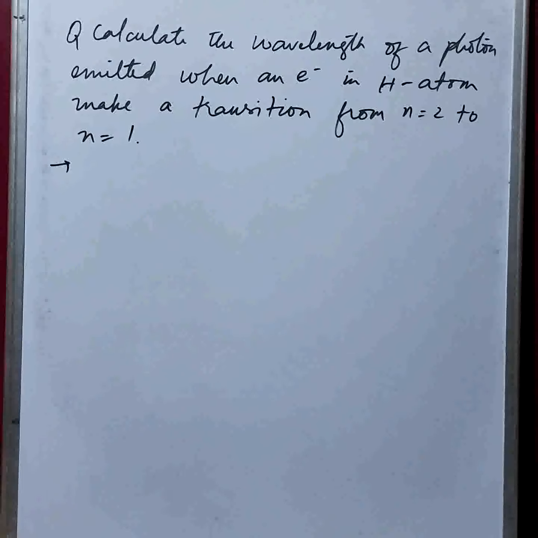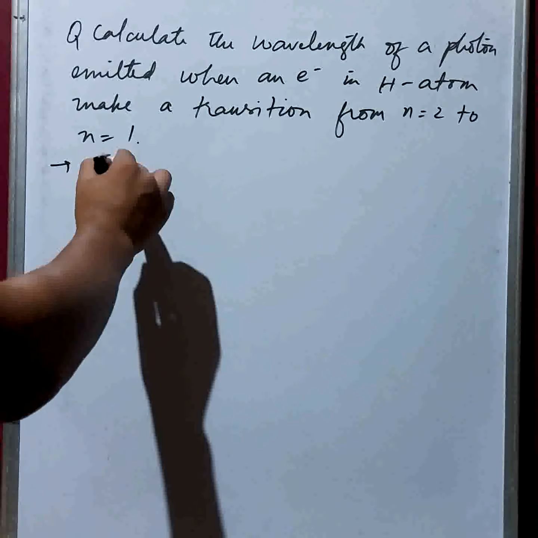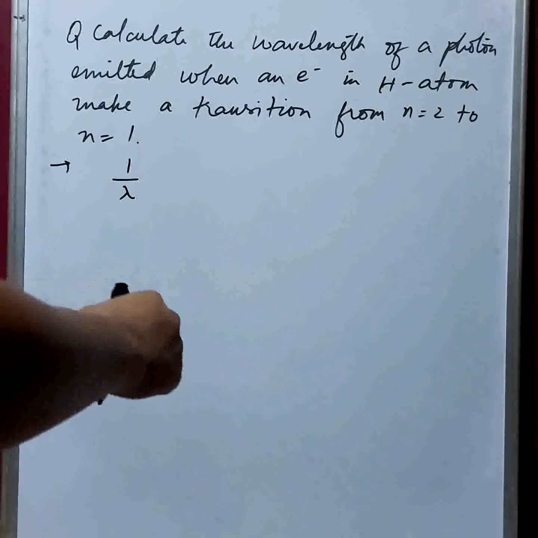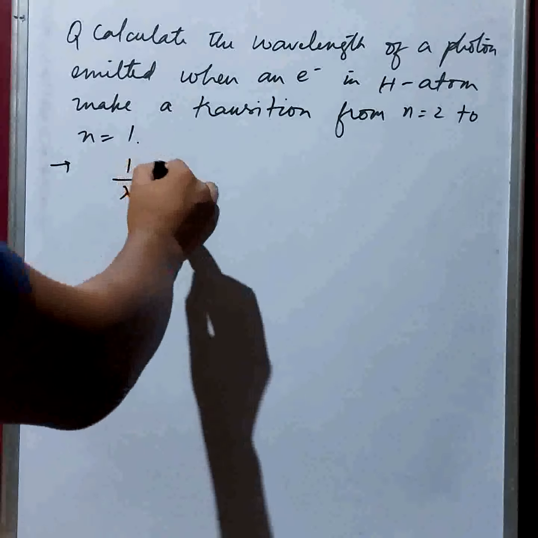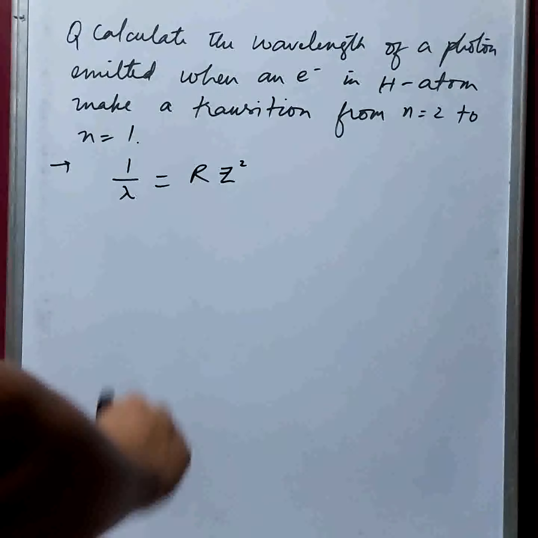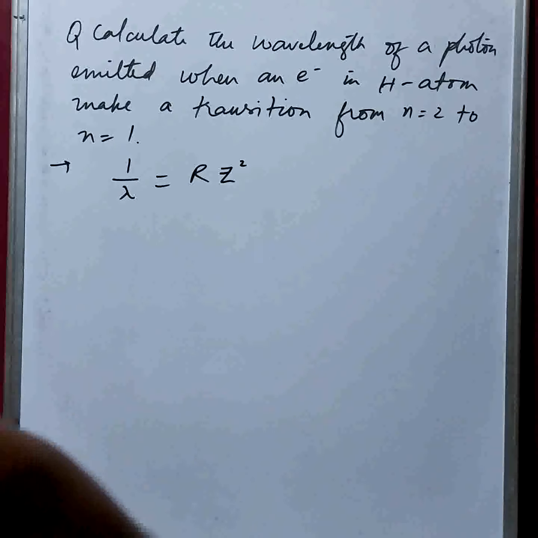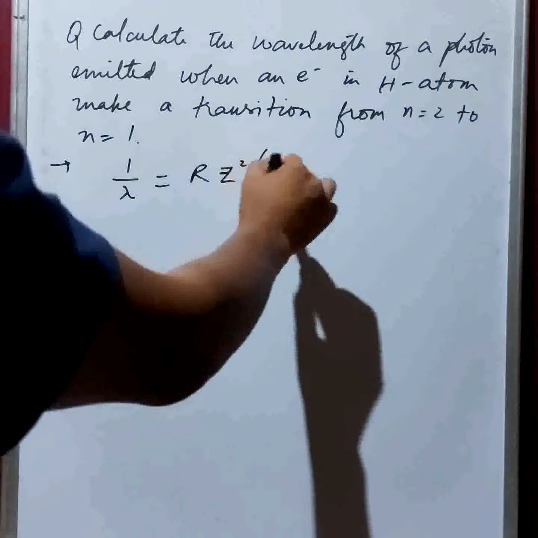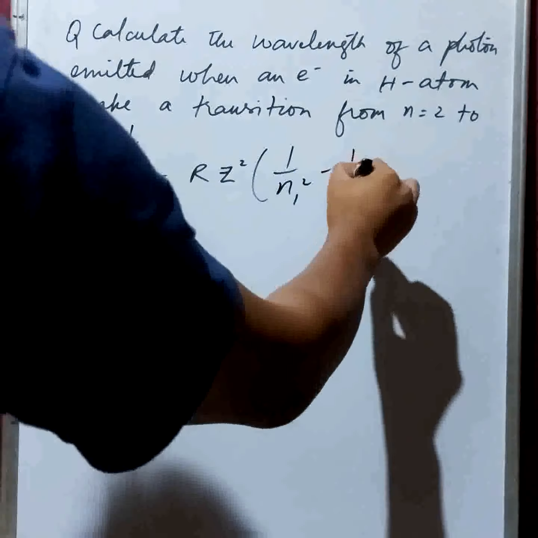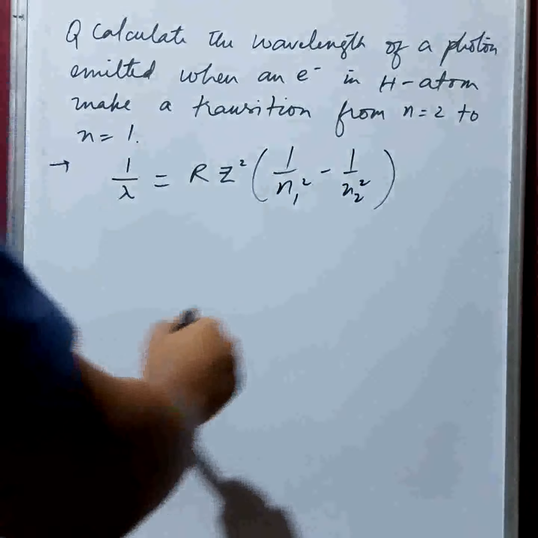We know from the Rydberg equation that 1 over lambda, the wave number, is equal to R Z squared, where Z is the atomic number, times 1 over n1 squared minus 1 over n2 squared.